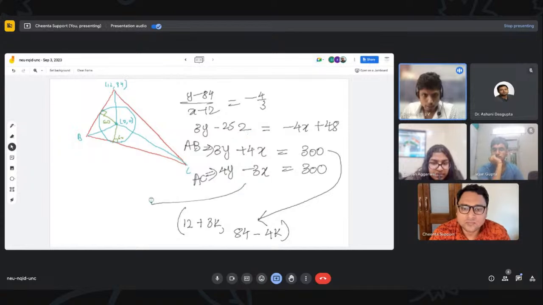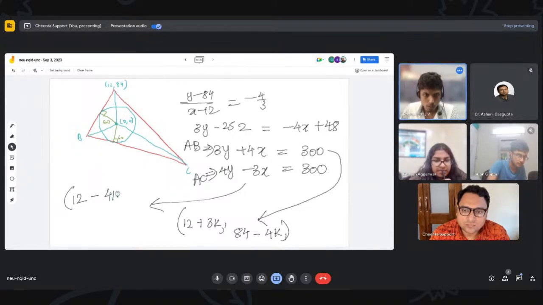And for this it will be, say, k1, and this is 12 plus minus 4k2 comma 84 plus minus 3, so minus 3k2.